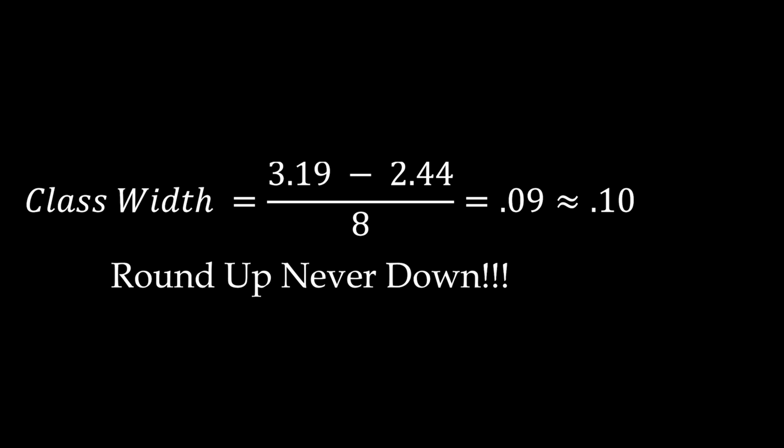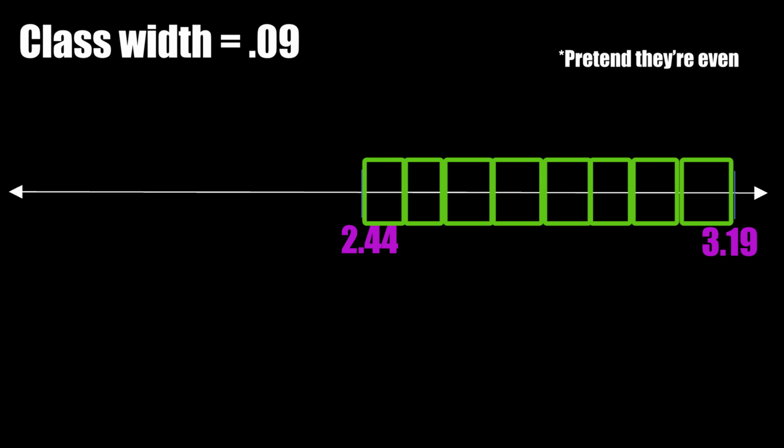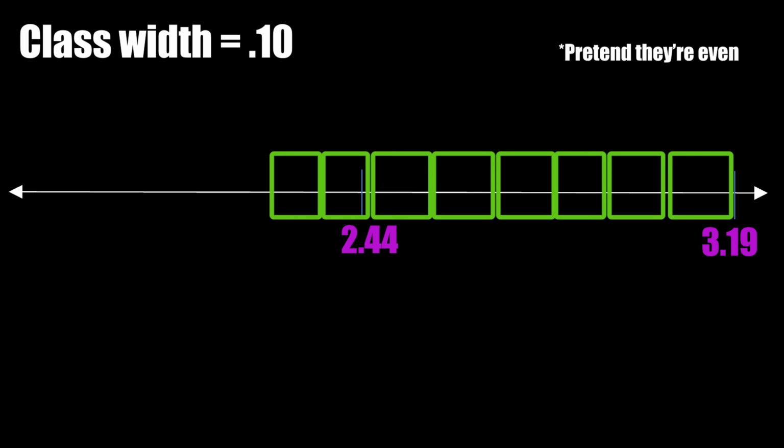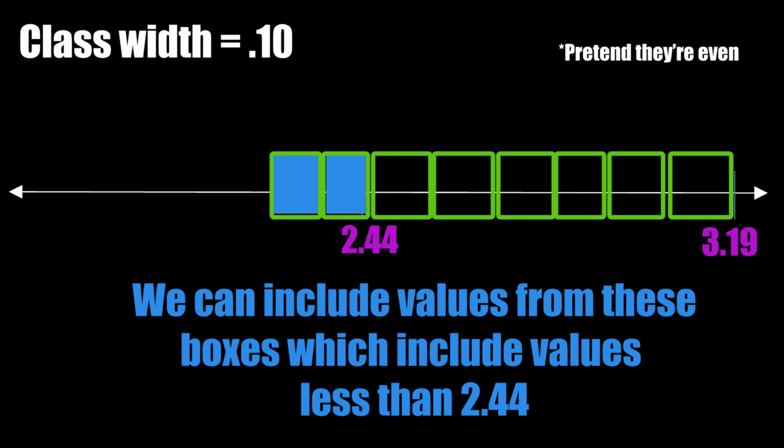One thing to note is that if I round my class width up, it means that each one of these classes holds more numbers. Before we rounded our class width up, these boxes fit evenly into the space of our data points. But if the class width increases, our boxes will exceed the total range of our data points, meaning we can start to add numbers over here to be part of our group, even though their frequency is 0.